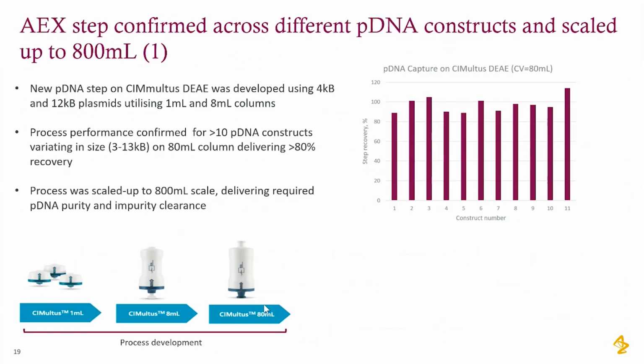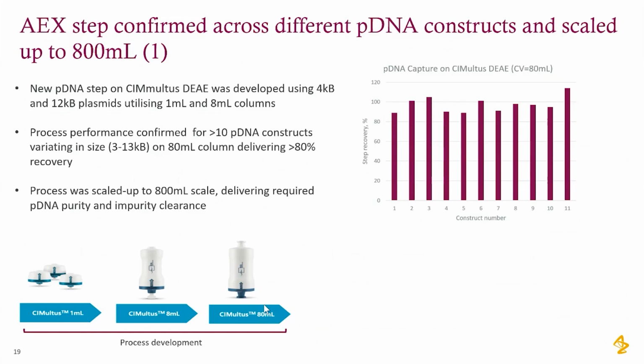So now, once we developed our calcium chloride addition strategy and our calcium chloride removal strategy, we wanted to confirm that the developed anion exchange step on monoliths works across different constructs and is scalable.